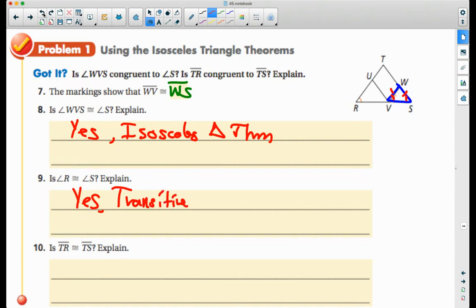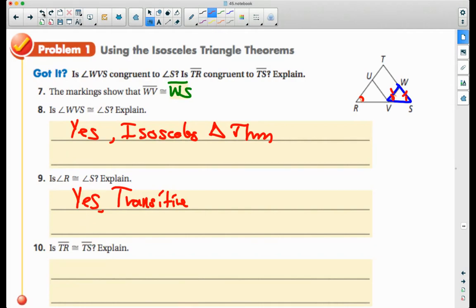These two angles, angle R and angle WVS, are given as congruent because they have tick marks. And then we just showed that angle WVS and angle S are congruent. So by transitive, angle R and angle S have to be congruent.